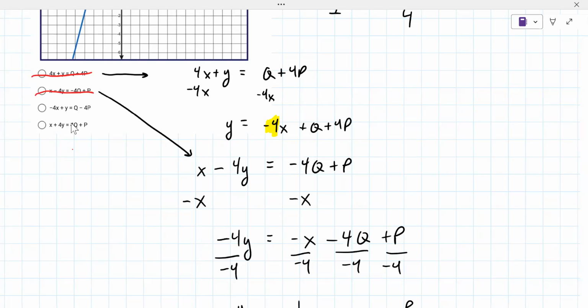So -1x plus y equals q minus 4p, plus 4x on both sides, so y equals 4x plus q minus 4p.